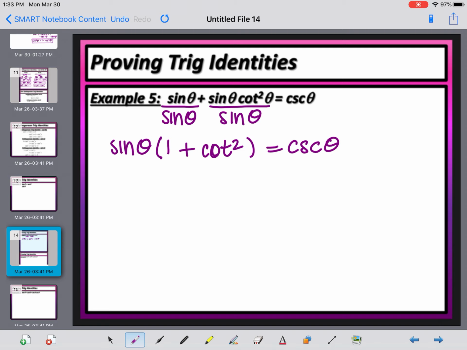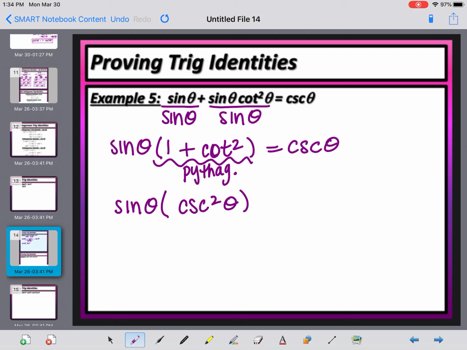Looking at my identities, 1 plus cotangent squared is the same thing as cosecant squared. So this right here is a Pythagorean. And I'm going to switch that out. So instead of having 1 plus cotangent squared, I'm going to have a cosecant squared. So always remember what you're trying to get. I'm trying to get a cosecant.